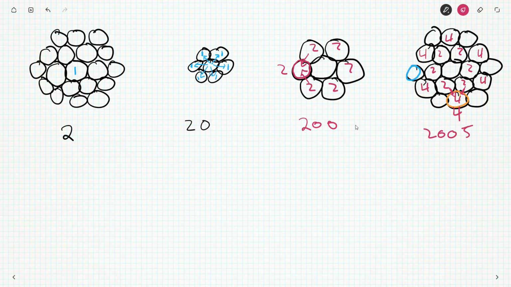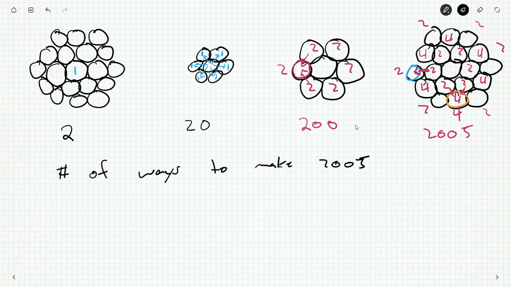How about coming into this blue circle here? Well, there's only one way. It's coming from this 0 on the side. So we get 2s everywhere there. And if we want the total number of ways to make 2005, we just need to add up all the ways that we can hit a 5 at the end.